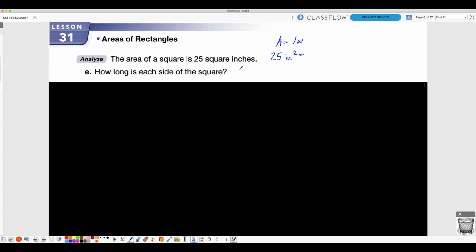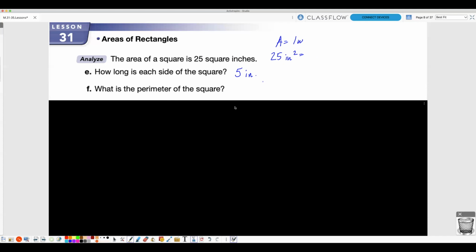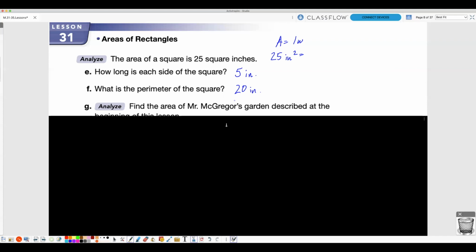How long is each side? Should have answered 5 inches for the length of each side. And letter F, what's the perimeter of the square if each side is 5 inches? 20 inches would be the perimeter because 5 times 4 is 20, and it's just a distance.